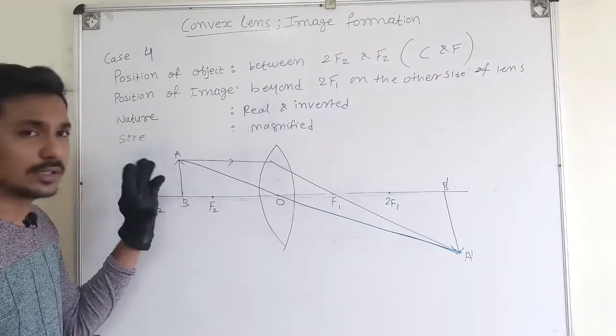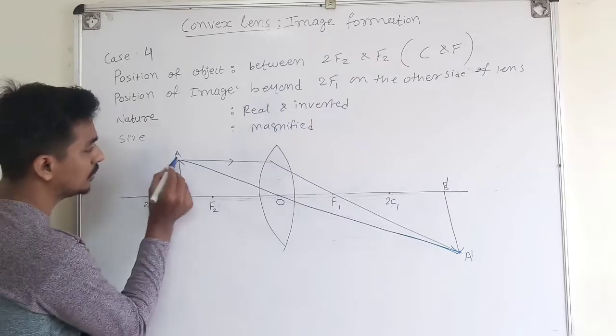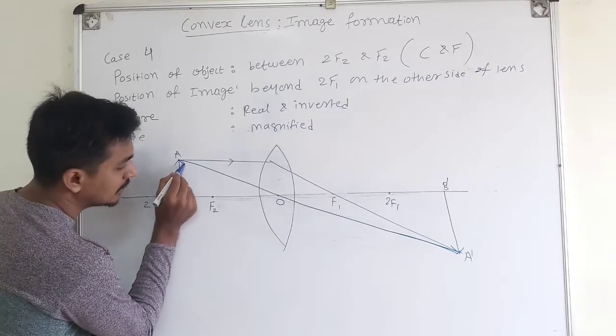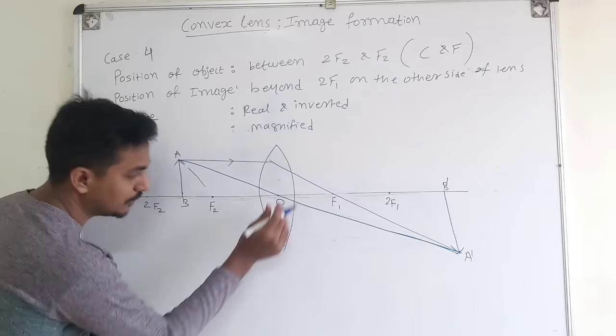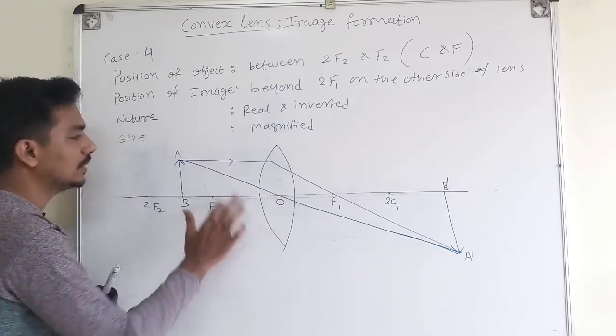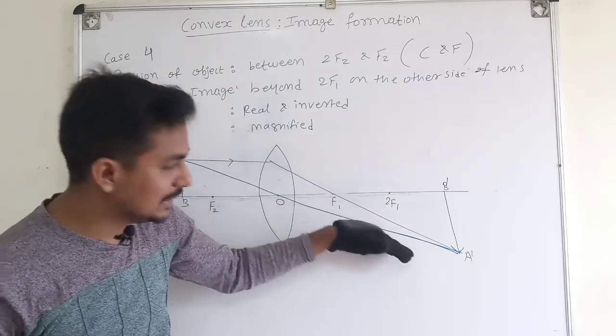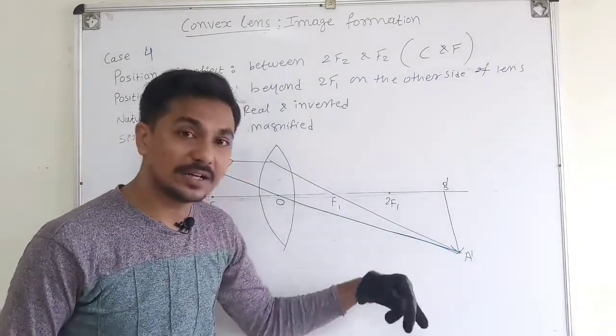And rule number 3 or rule number 2, see here if you use rule number 2, the ray from the focus, then you need to make a bigger lens. So here we are using rule number 3, that is the ray passing through the optical center will pass undeviated.